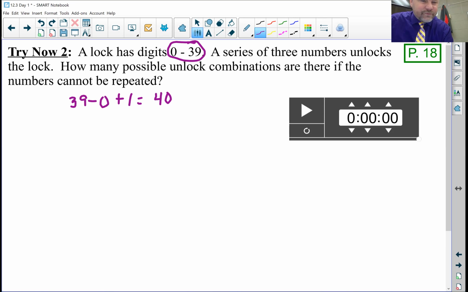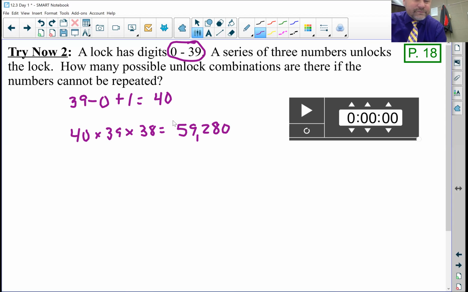So we're just going to take 40 times 39 times 38. And when I multiply those together, I come up with 59,280.